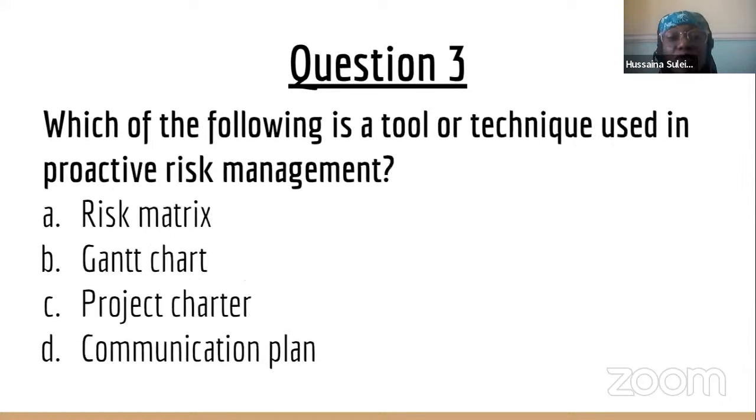Then last question, which of the following is a tool or technique used in proactive risk management? You have risk matrix, Gantt chart, project charter, communication plan. I listed some risk management tools. Which one is correct among the options? Risk matrix, A. Yes, thank you very much. Risk matrix is one of the tools that is used to manage risk.